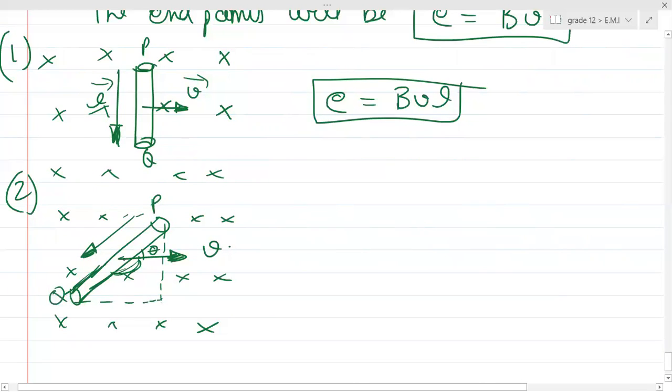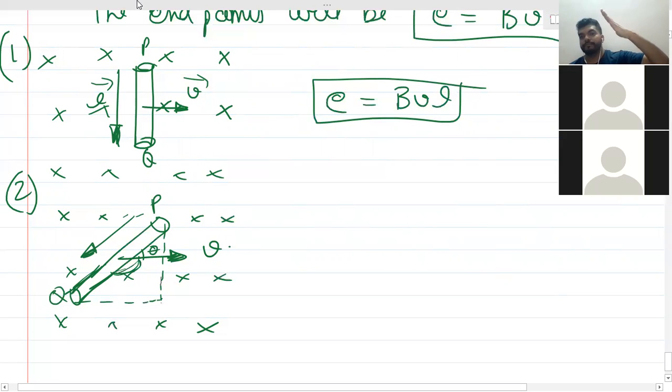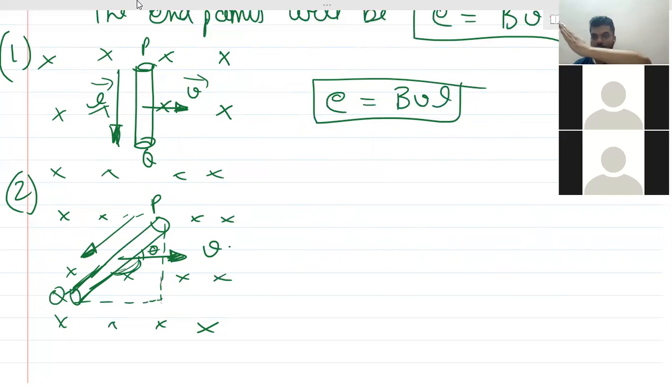But anyways, my question is basically, suppose the rod is like this, a little bit slanted, and B is now this. The rod is going straight like this.